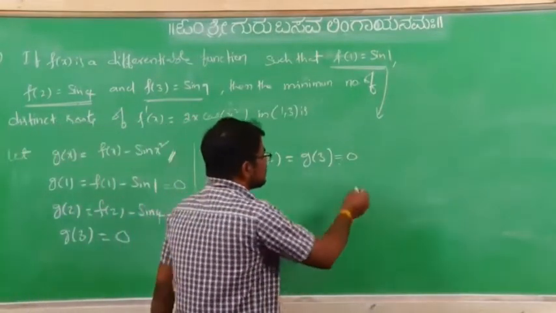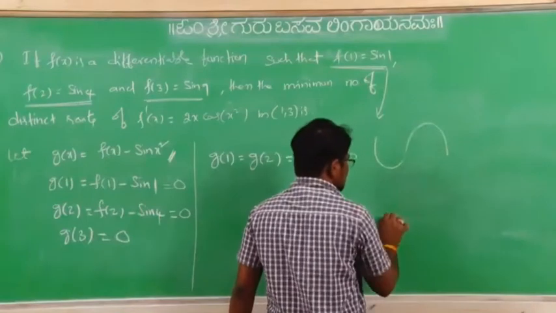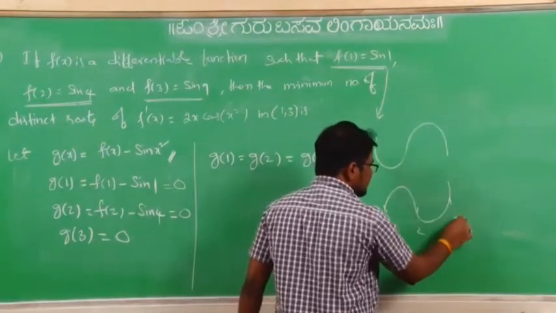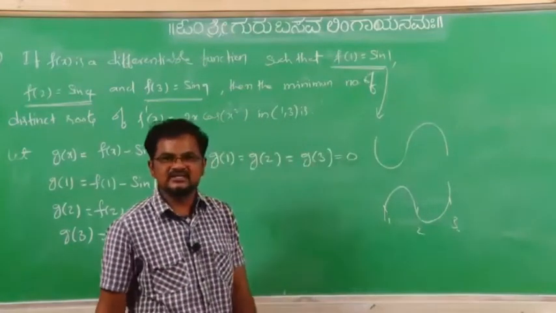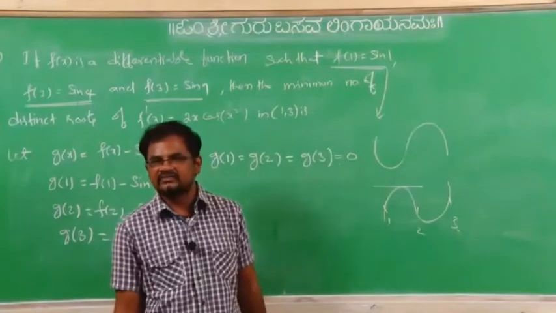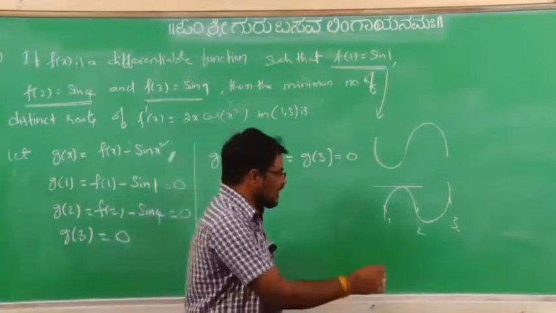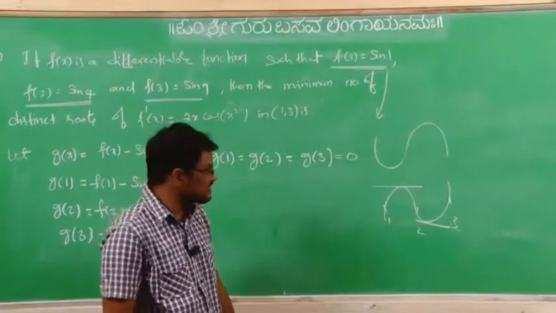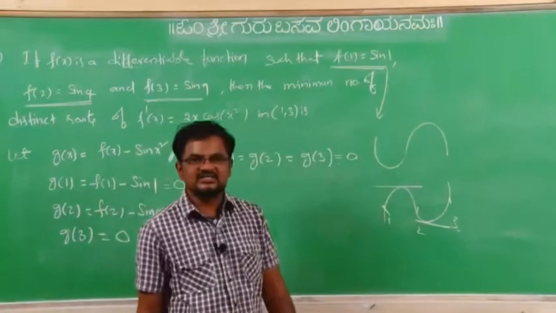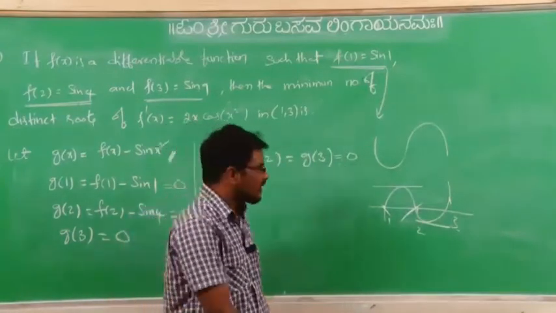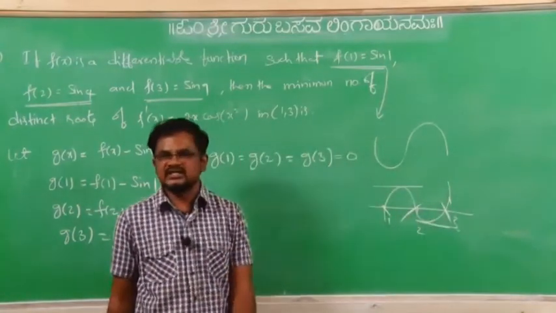So the graph may be like this or like this. Here 1 is there, here 2 is there, here suppose 3 is there. So between 1 and 2, one point where f'(x) equals 0 will be there, and between 2 and 3 also one more will be there, because at 1 the function is 0, at 2 the function is 0, at 3 the function is 0.